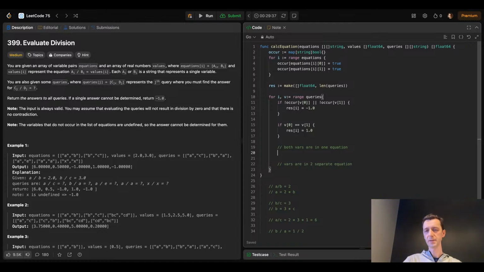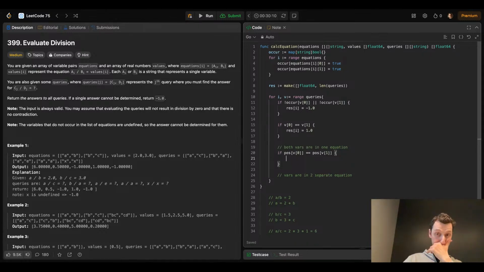Once we know the indices, let's say if V0's position equals the position of V1, yeah, we can easily do that.